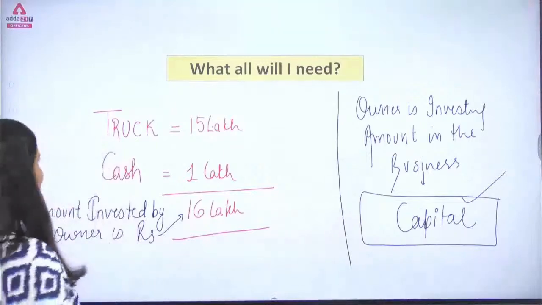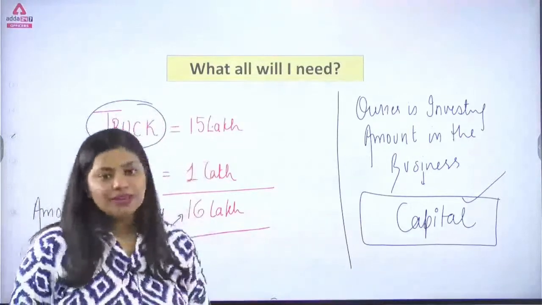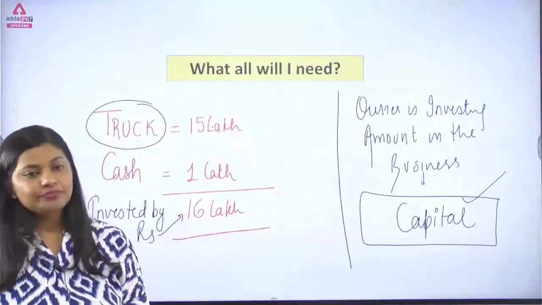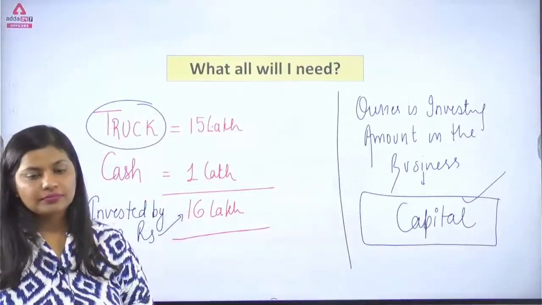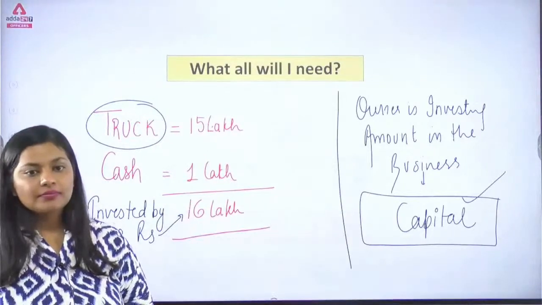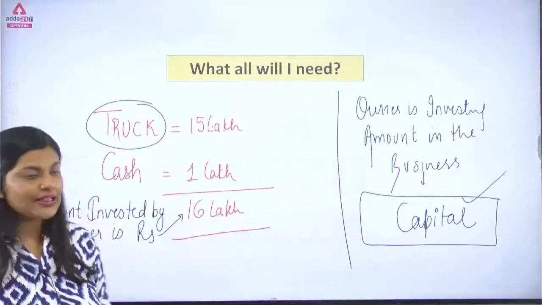Correct? Now, this truck. What is this truck for me? Can I say that with the help of this truck, I'll be generating income? With the help of this truck, what am I going to do? I'll be generating income.